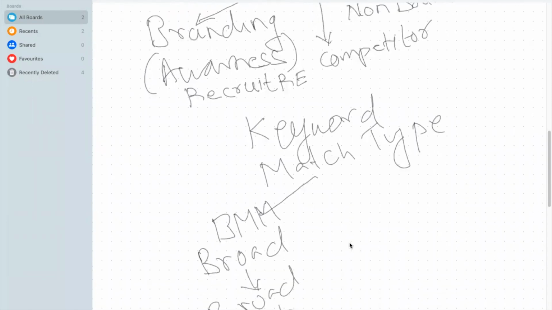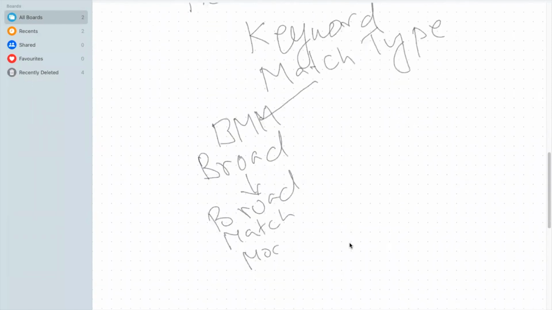Okay, I'll just scroll down. Okay, so there basically, wait. Let me just swap this one. So there is a type of keyword called broad match, and in broad match there is one more variation.